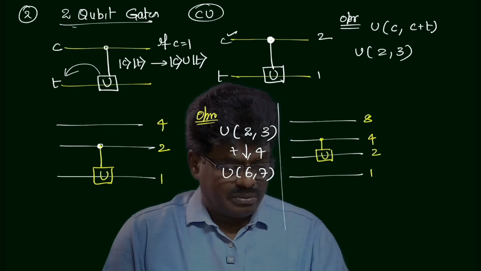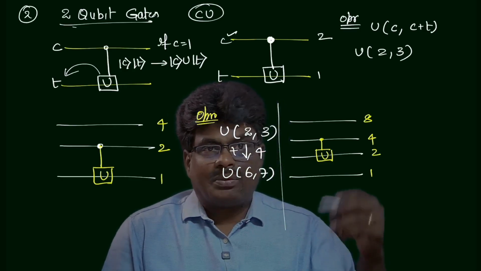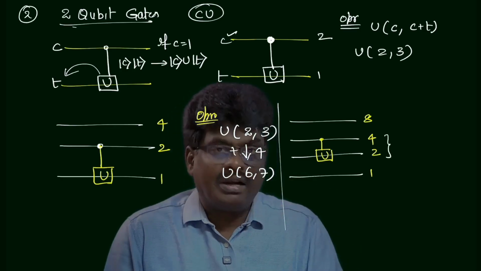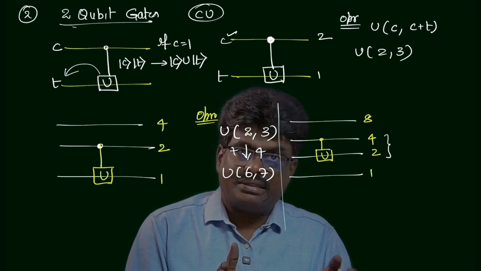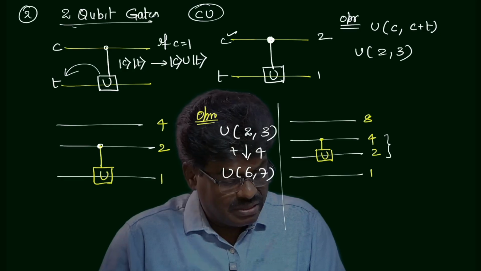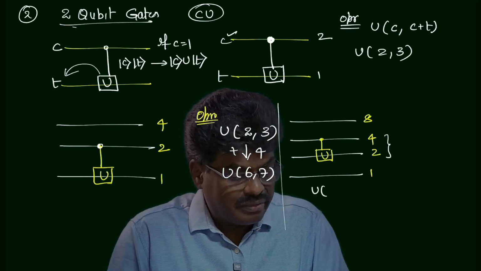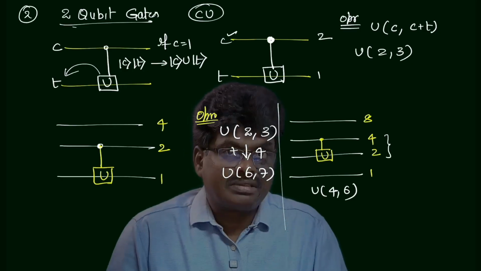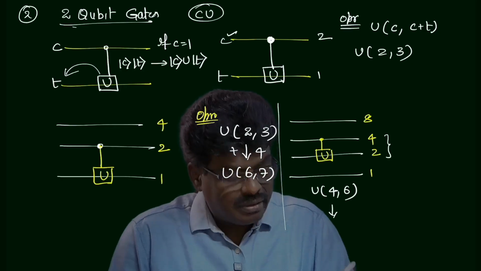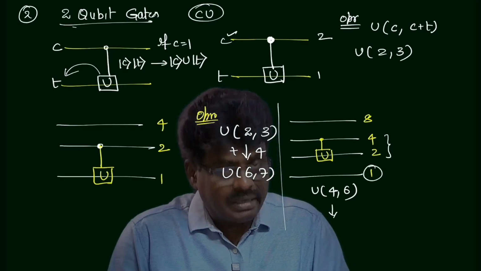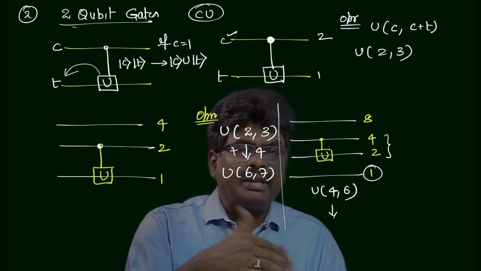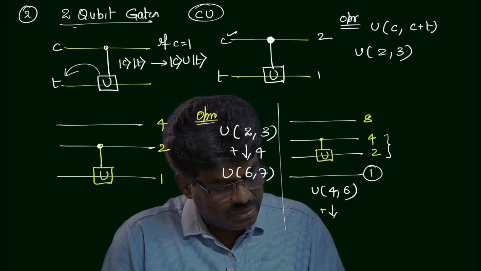You need not bother about the 1 and 8. You just operate on this only, and after that simple decimal addition. This is quite interesting. U of 4 comma 6, because 4 plus 2 is 6. After that add the next state. You can add either 8 or 1 remaining, but I am taking the least one first, plus 1.